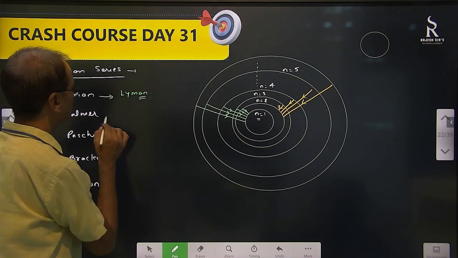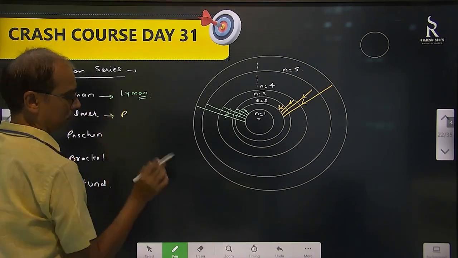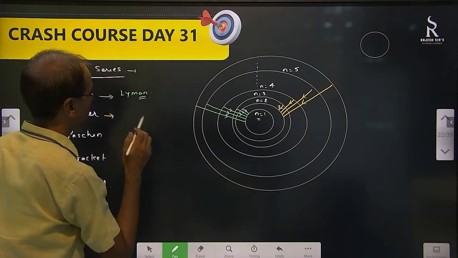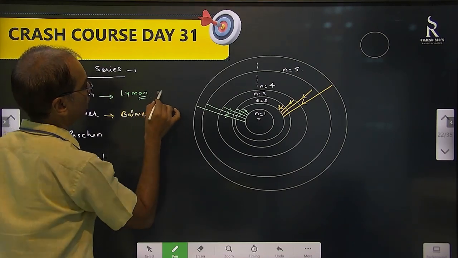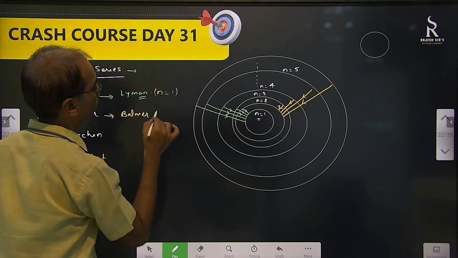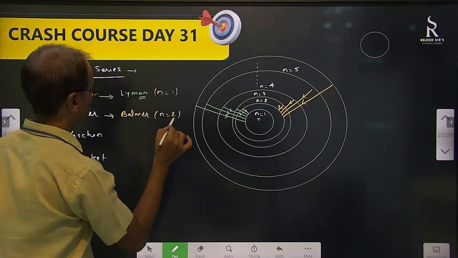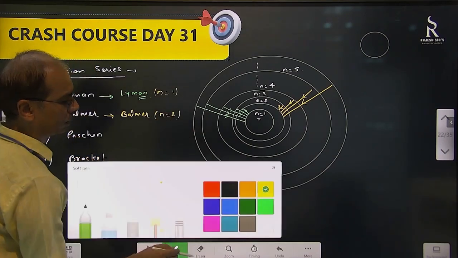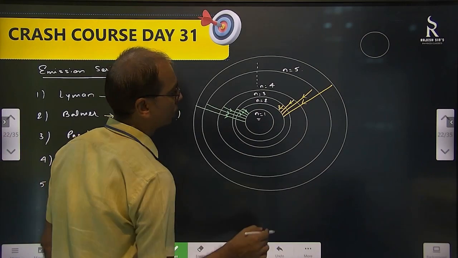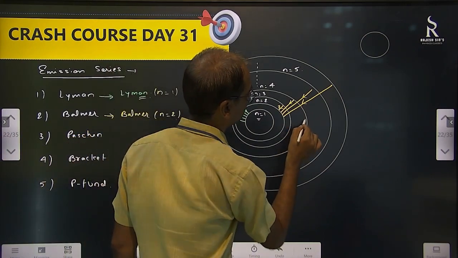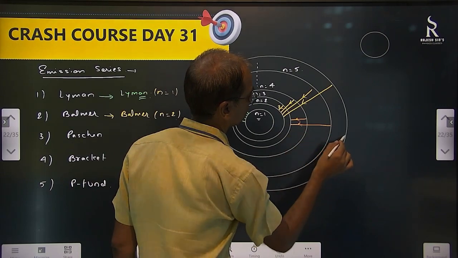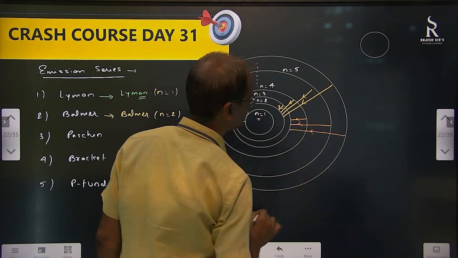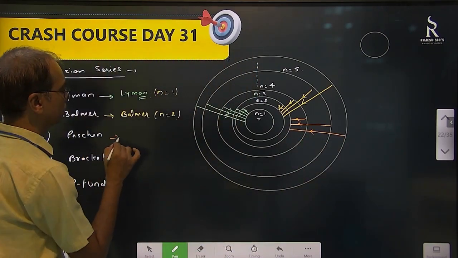So this is Balmer, with n equal to 1 here and this n equal to 2. Paschen means n equal to 3, that means the electron will jump like this. This is Paschen.